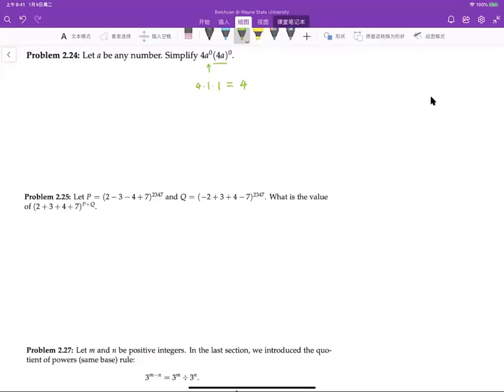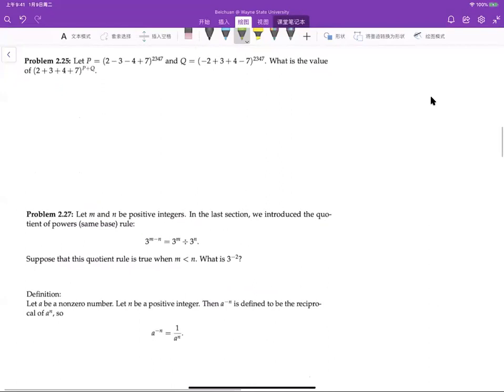In this case, if we calculate 4a in parentheses to the 0 exponent, that will be 1, because we don't care what the base is. Whenever you see the 0 exponent, it is 1. Then let's calculate 4 times a to the 0, because we need to calculate a to the 0 first, because that's a power. So that's 1. Then we multiply it by 4. That's why the answer is 4 instead of 1 in this case.